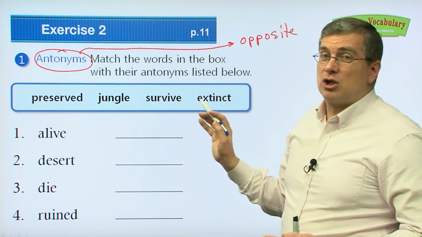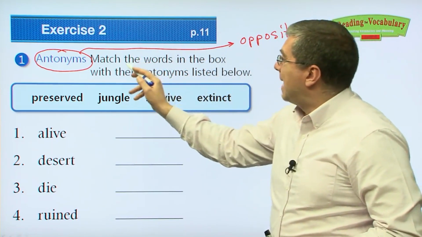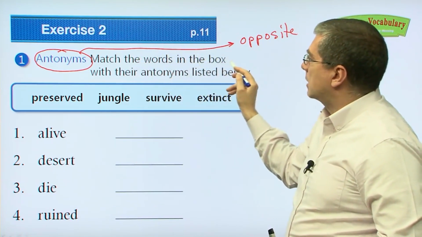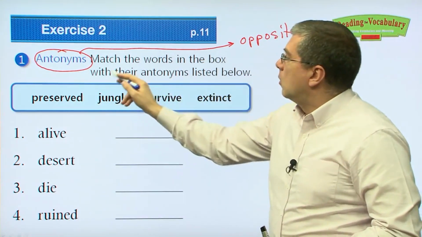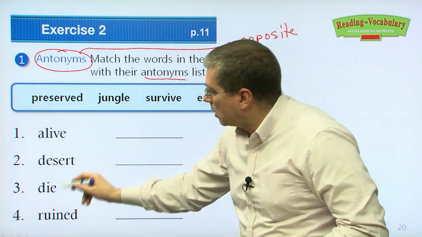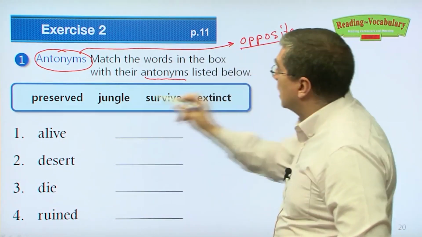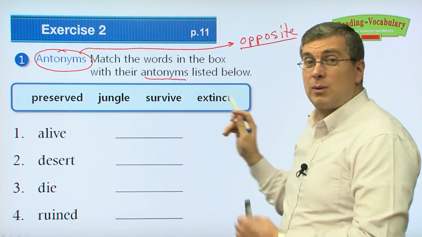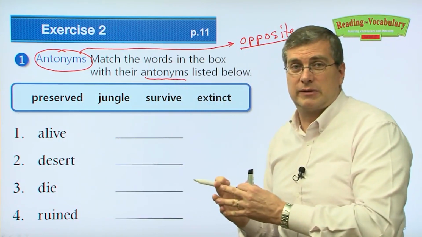Our instruction is: match the words in the box here with their antonyms listed below. So these words are the opposite of these words. That's what we have to do. We have to match the opposites, okay?